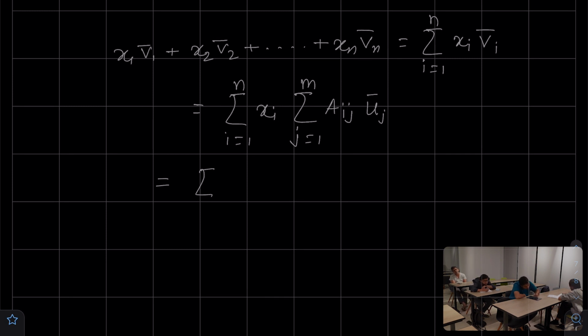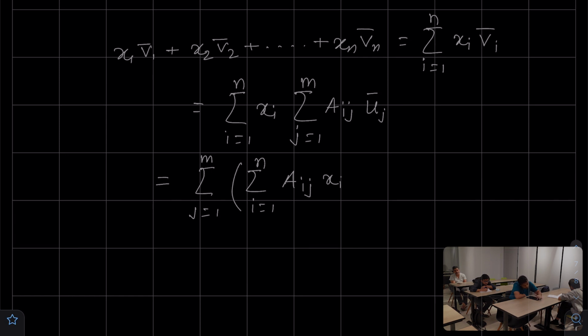Okay, so I can rearrange the summation and write it as j equals 1 to m and i equals 1 to n of aij xi uj.